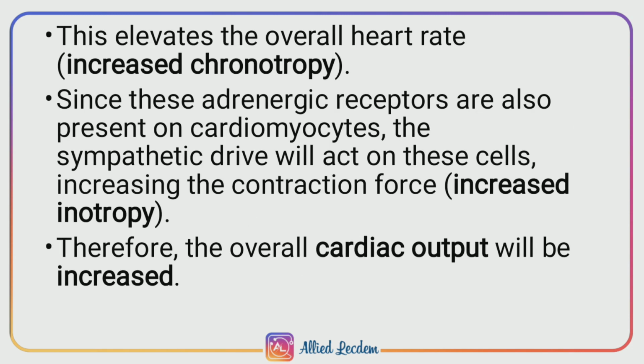This elevates the overall heart rate, increased chronotropy. Since these adrenergic receptors are also present in cardiomyocytes, the sympathetic drive will act on these cells, increasing the contraction force, increased inotropy. Therefore, the overall cardiac output will be increased.